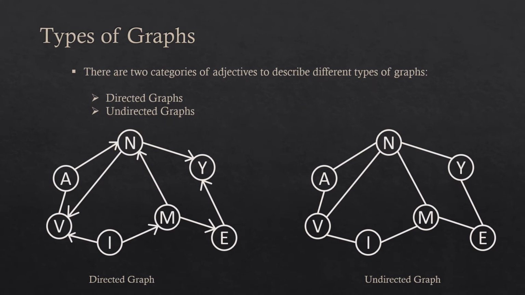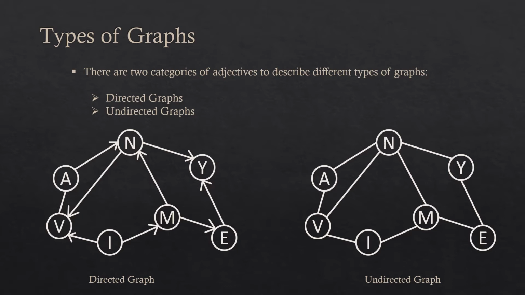There are two types of graphs, directed graph and undirected graph. The graph which has directed edges is known as directed graph, and undirected graph is the graph having all the edges as undirected edges. Now we must be thinking, what are directed edges?